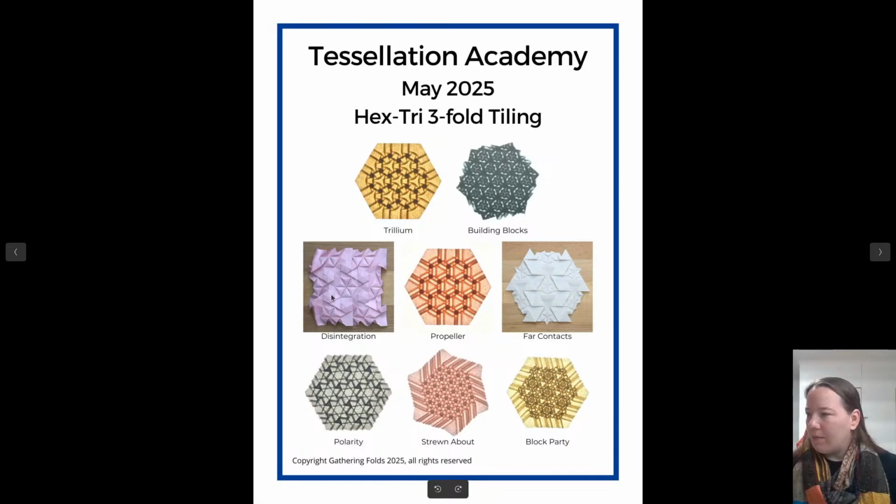Trillium, disintegration, propeller, far contacts, and polarity are all complying with that same idea of there's one hexagon and one triangle, and then you make these groups and they either mirror or they alternate sides, but you don't have to use the same hexagon all the time, and you don't have to strictly alternate those groups of twists. So we'll be getting into that next week in the theory and design workshop.